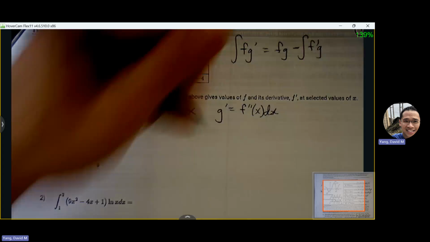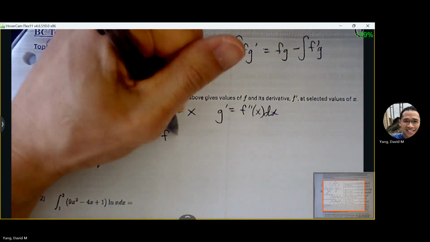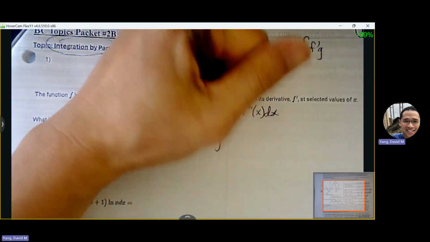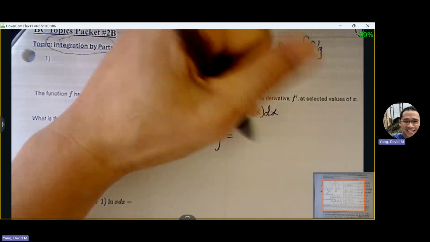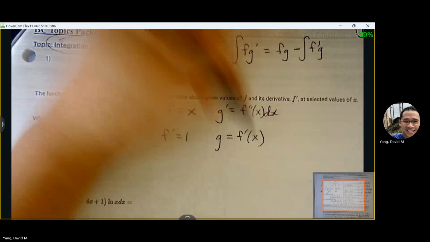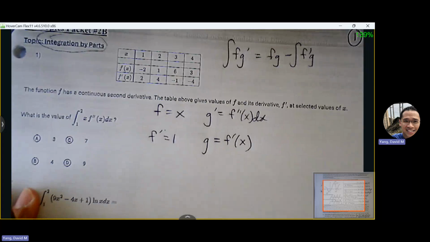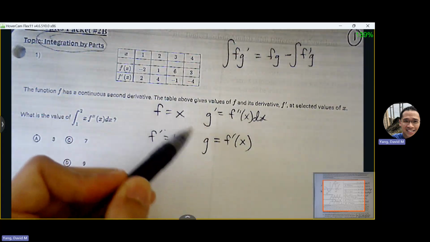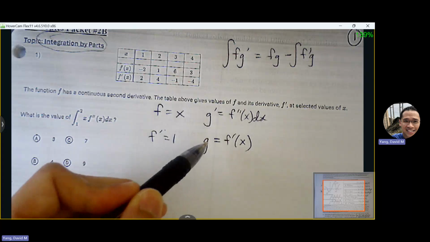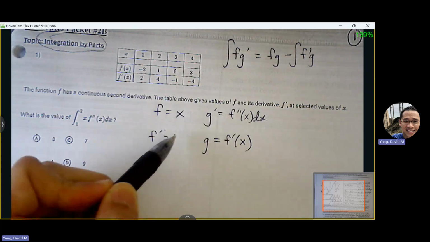So f prime is equal to 1. And then g is going to be f prime. And now we're just going to be pairing them together in this form here. So it's going to be f g minus the integral of f prime g.